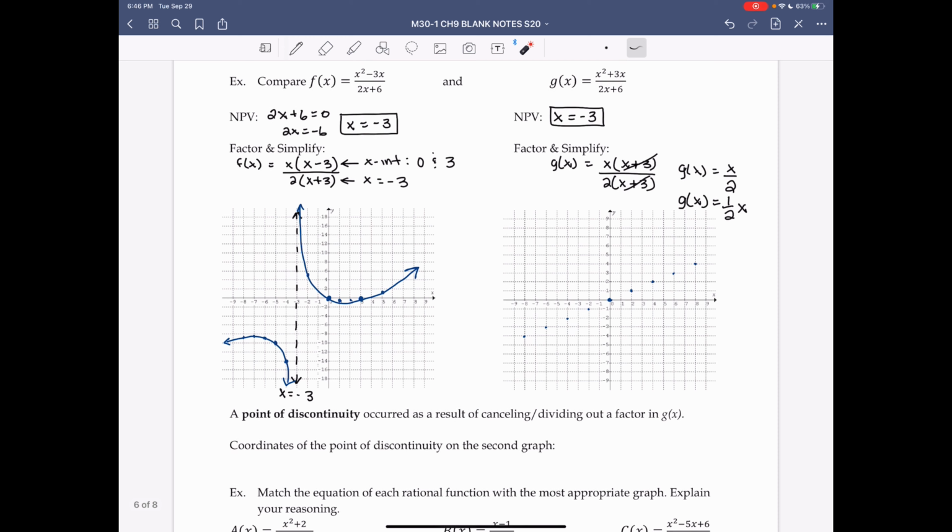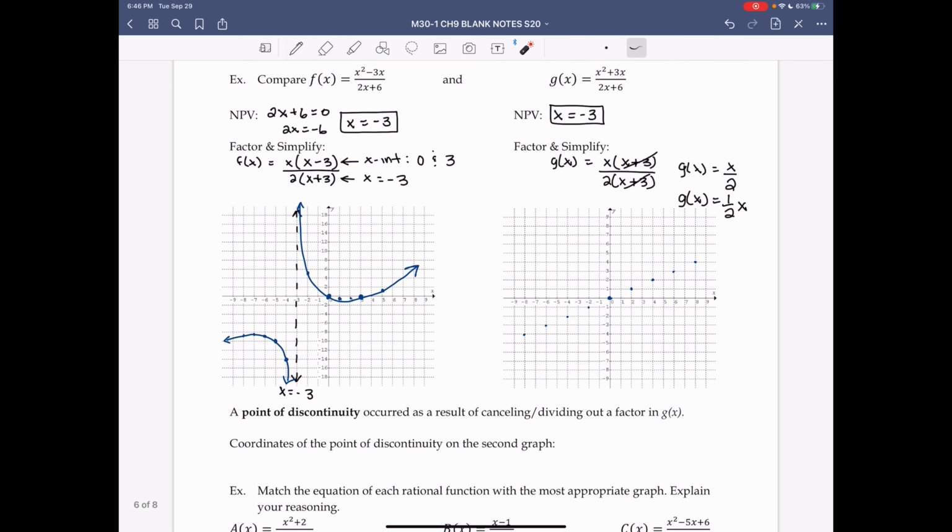So before we graph it, down here it says coordinates of the point of discontinuity on the second graph. Let's figure that out. We know that x equals negative 3. We take that point and we plug it into the simplified version of g of x. So g of negative 3 equals 1/2 times negative 3.